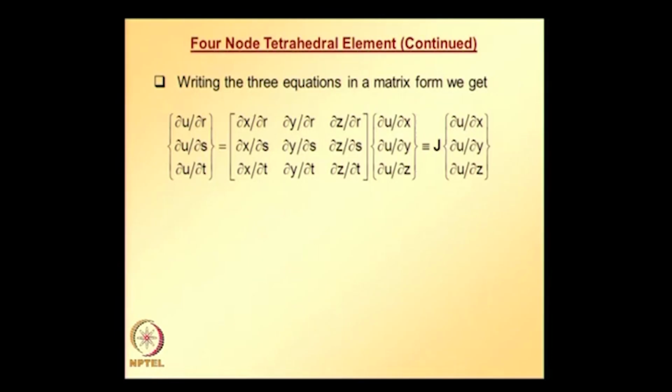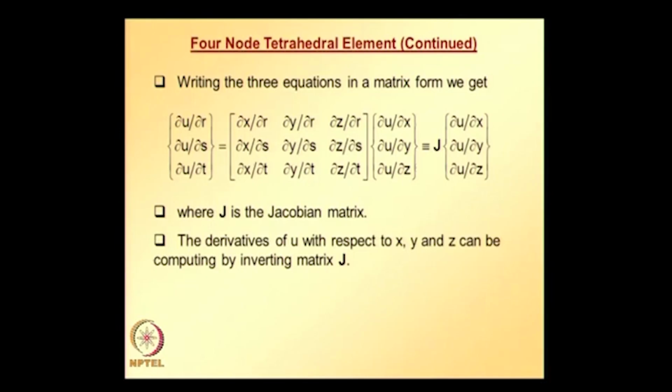If we want the inverse relation, that is, if we want to calculate partial derivatives of displacement component u along x, y, z directions once we know its partial derivatives with respect to RST, we need to know what is J inverse. Derivatives of u with respect to x, y, z can be computed by inverting the J matrix.